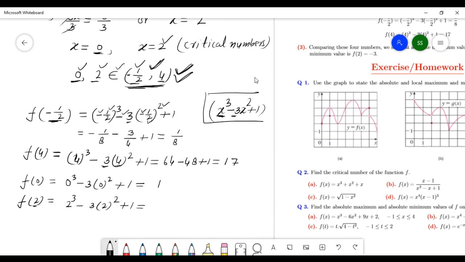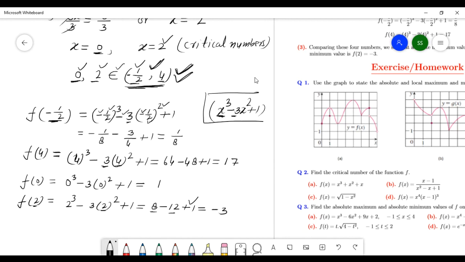This equals what? 2 power 3 means 8, minus 2 squared is 4, and 4 times 3 is 12, so 8 minus 12 plus 1. 8 minus 12 is minus 4, plus 1 is minus 3.